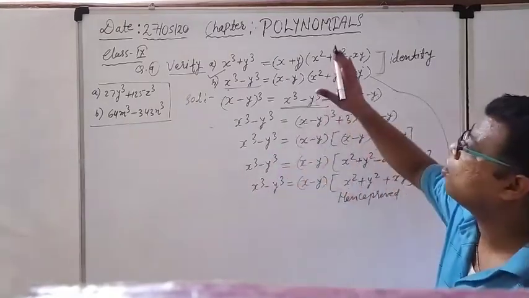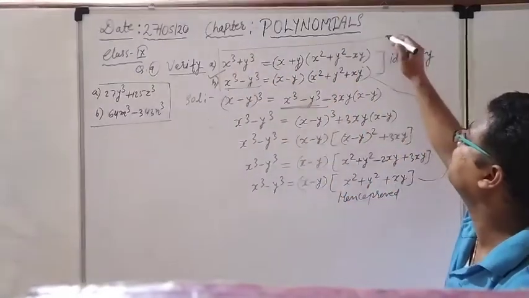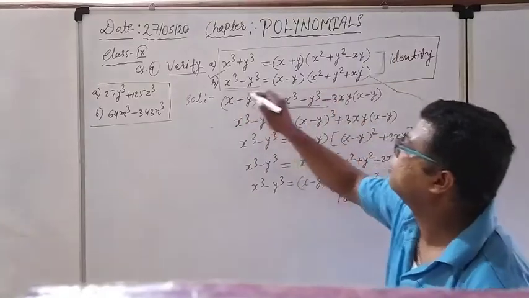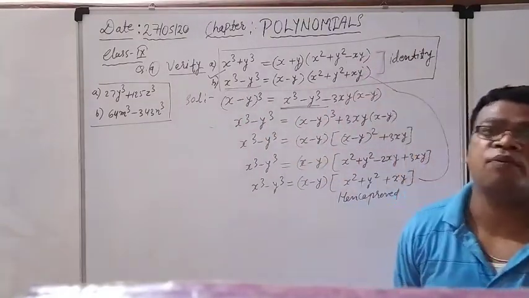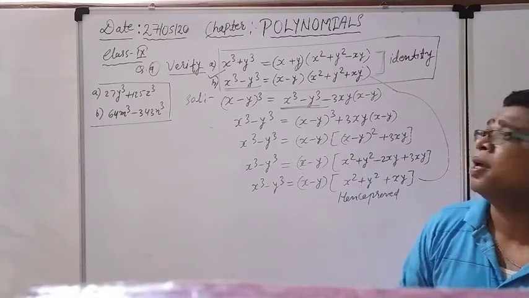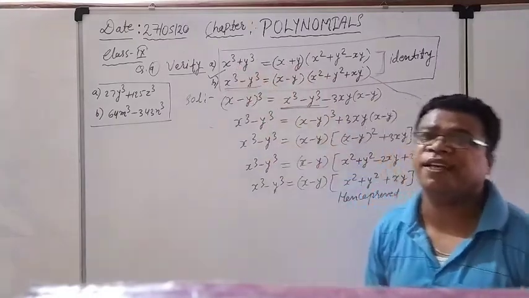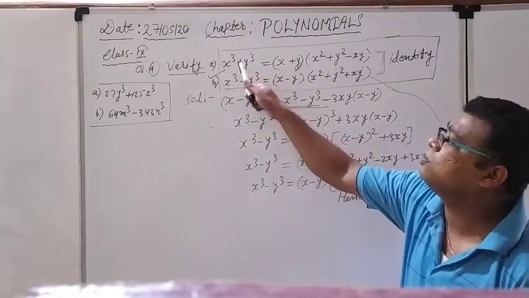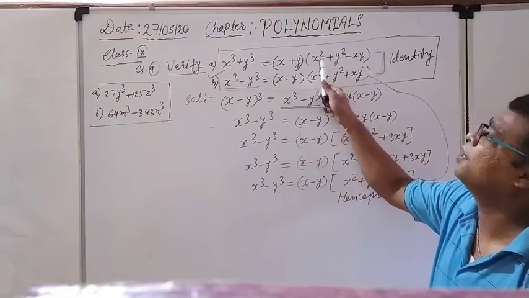Right now you have to use this as an identity. Same thing I have written here. Both these forms you have to learn directly. X cube plus y cube is equal to x plus y. Students generally make a mistake here. They assume that for x cube plus y cube, everywhere the plus sign will be there, but it is not like that.